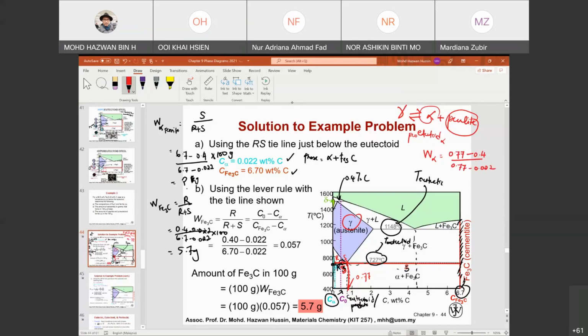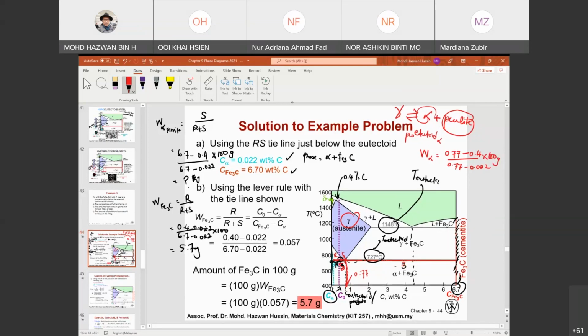Very good. This is actually the fraction. So if you want to calculate the weight, what happened? Multiply by 100. Okay, good. 100 grams, because the question is asking for 100 grams. But if the question changed to a different amount, you should multiply with that different amount, not only 100 grams. So we'll get this value.